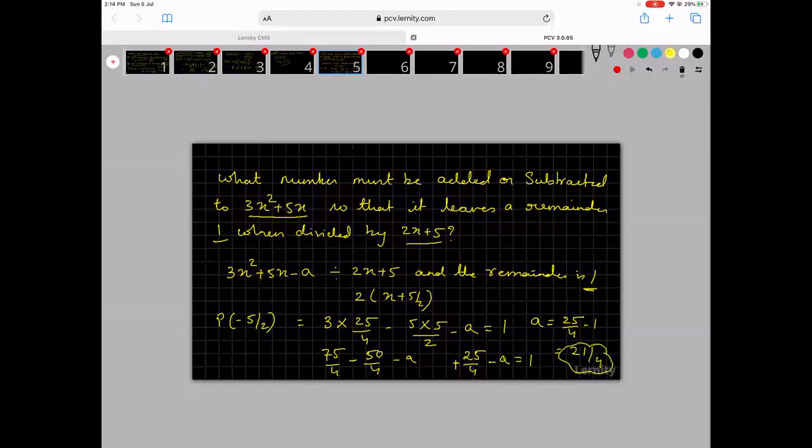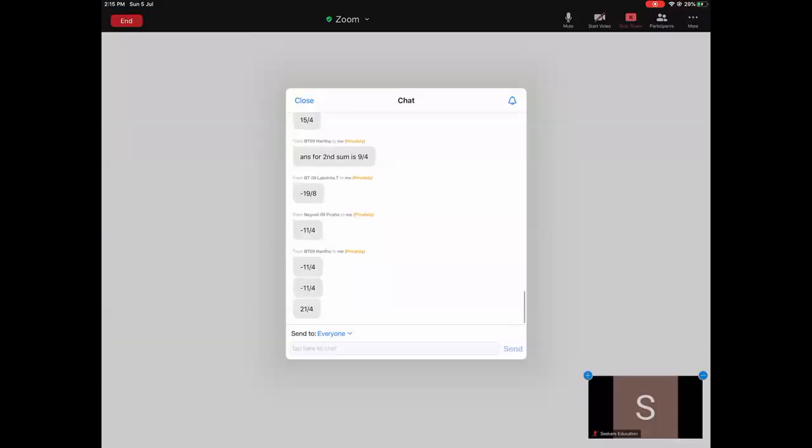So you have to subtract 21 by 4. If you subtract 21 by 4, when you divide 3x square plus 5x, the remainder is 1. I hope you are able to understand. Yes, 21 by 4.